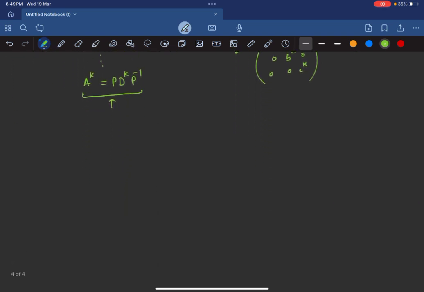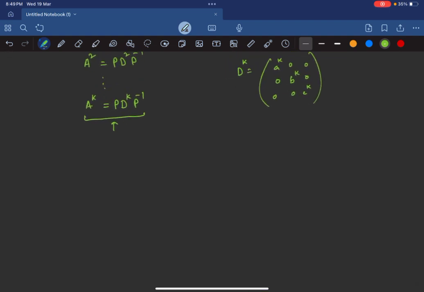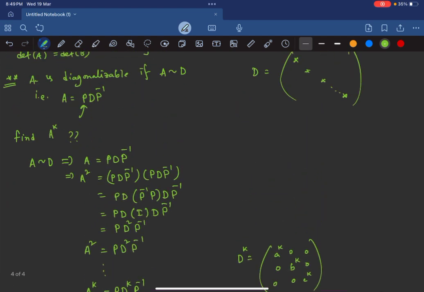Now see how to check whether A is diagonalizable or not. For that, you should know this result: if A is diagonalizable, then it satisfies this condition. If you do the post multiplication, A P is equal to P D. You should check whether this is satisfied or not.